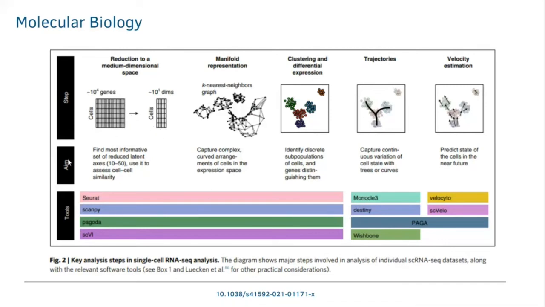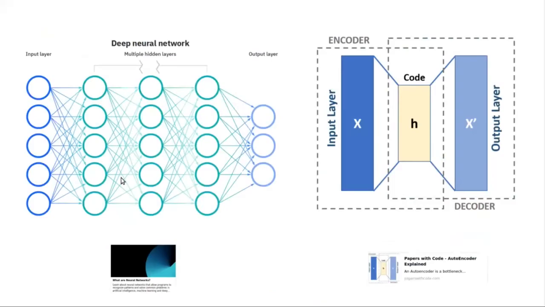It's very used in this field, and there are a lot of things that were built on top to try to solve the problems that we have in this type of situation. And lastly, maybe not the first thing you think about, but deep neural networks are also used for dimension reduction.